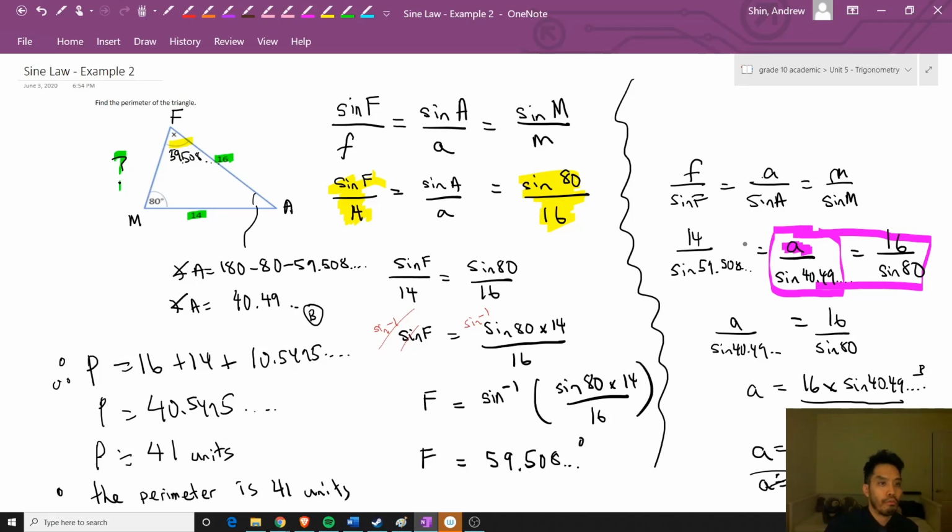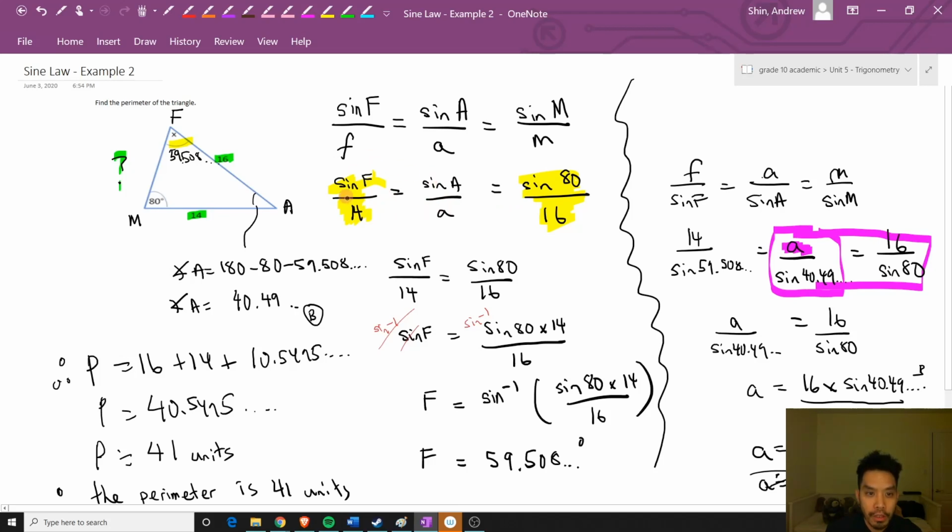Okay, so how did we do this question? First thing we did was we were told that we had to find the perimeter of the triangle. This part was unknown, but we couldn't find it directly just yet. We had to find out this angle first, and we did that by writing out the sine law, filling in what we know. Once we have what we know, we choose two of the three.